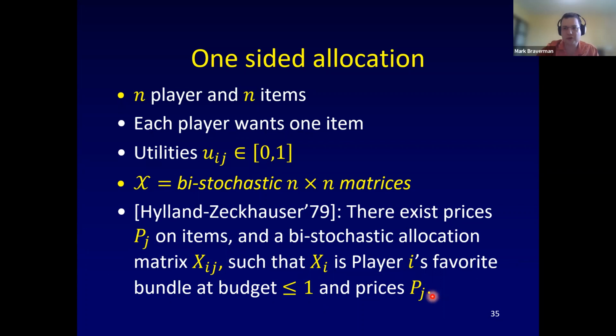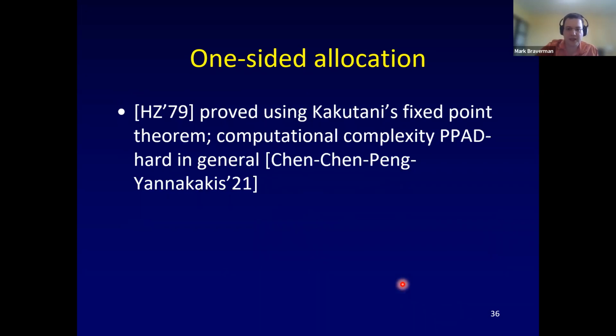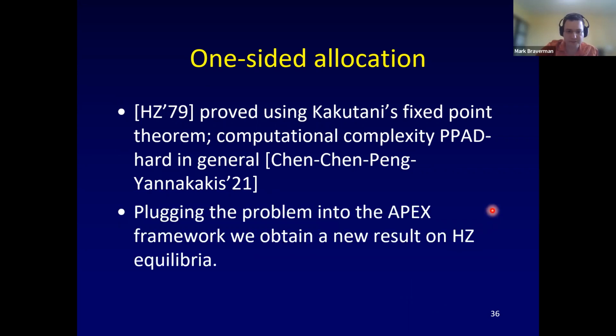So it's very similar to the setting we discussed so far: you create prices, you give each player one unit of tokens, and you tell them to buy their favorite bundle of outcomes at those prices. There is always an equilibrium such that every player gets their favorite bundle at those prices. And those prices are somewhat mysterious, not unique. In fact, it's proved using a fixed point theorem, and in general it's pretty hard to find such prices.